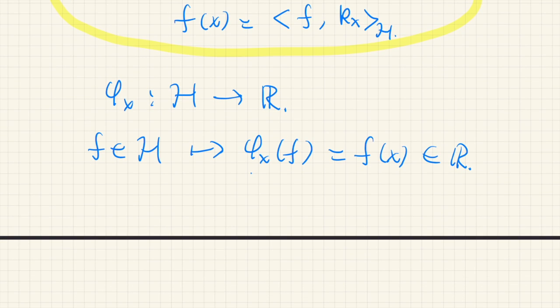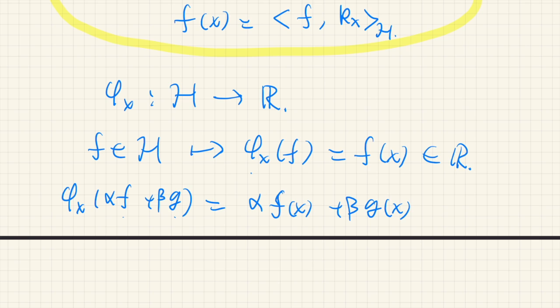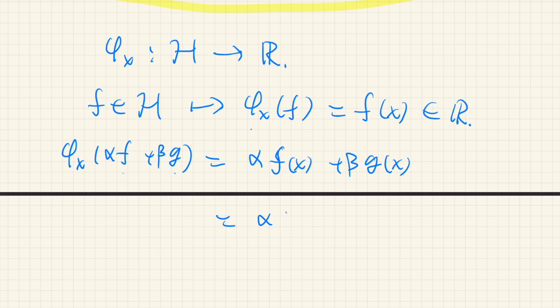It's easy to see. If we have phi_x(alpha f + beta g), where f and g are functions in H, then this is alpha f(x) + beta g(x), which is alpha phi_x(f) + beta phi_x(g). So it's a linear functional.